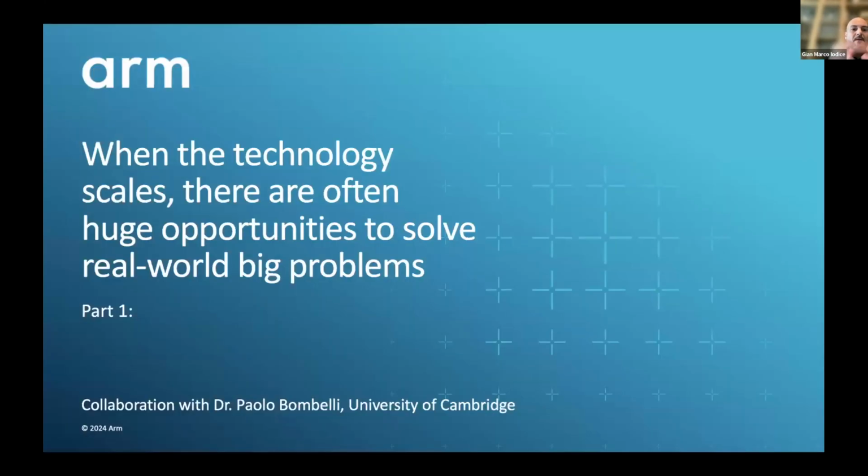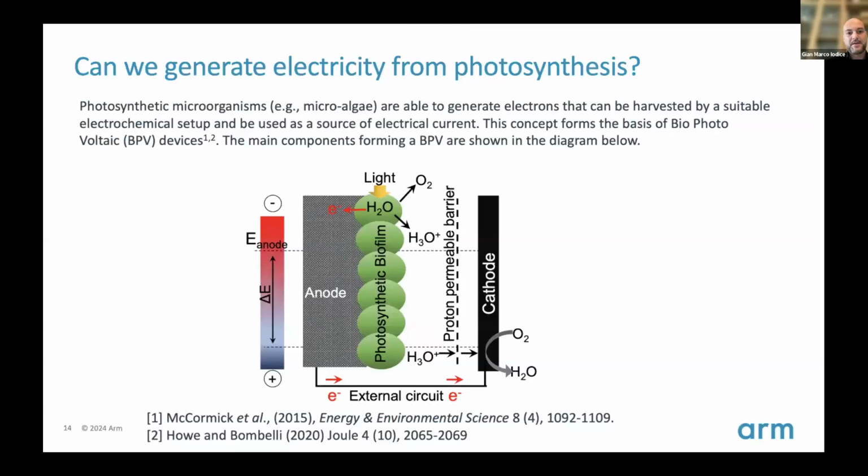But when the technology scales, and this is a sentence I grabbed from an interaction with UNICEF, when the technology scales, there are often huge opportunities to solve real-world big problems. And in 2021, I met Dr. Paolo Bombelli from the University of Cambridge, because he was delivering a presentation for the TinyML meetup there in Cambridge.